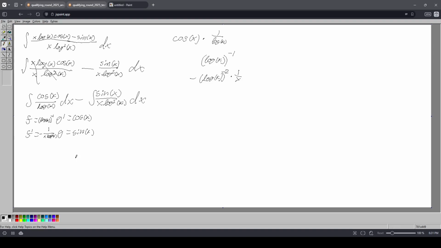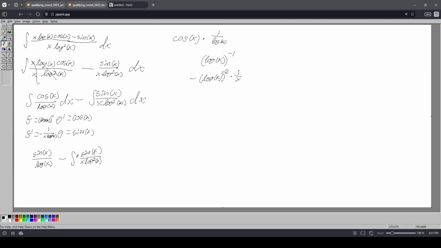And then to set up the integration by parts, you do f times g, which is going to be sine of x over log of x, minus the integral of f prime times g. So that'll be sine of x over x log squared of x.